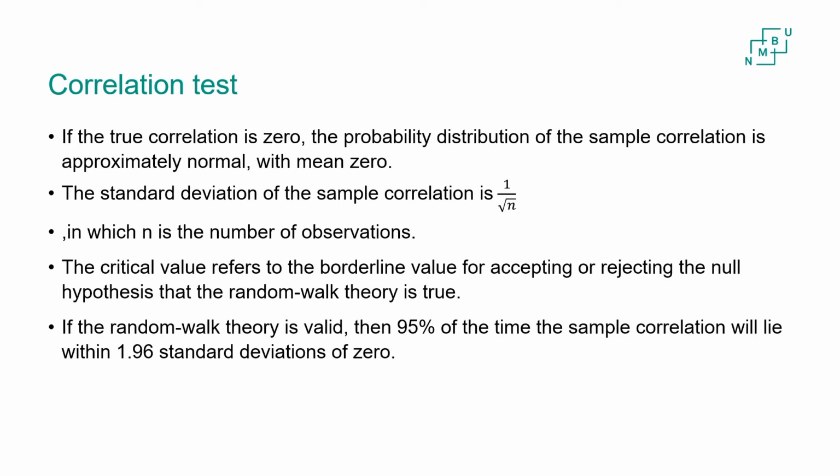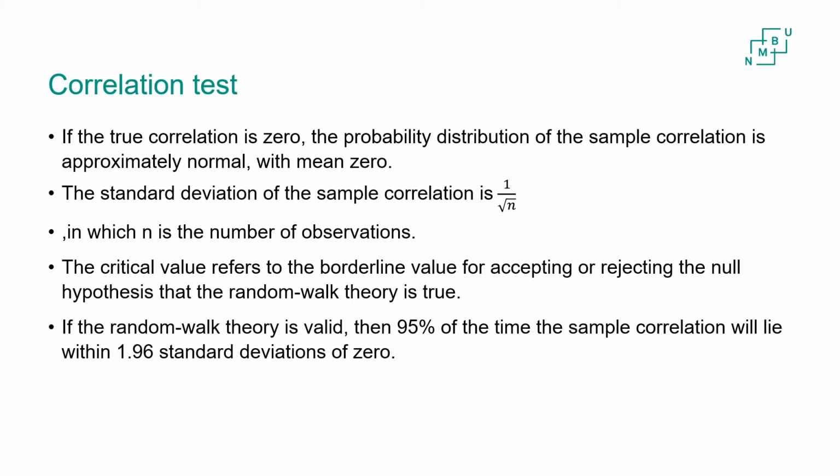If your null hypothesis is that the correlation should be zero, then you can assume that the sample correlation is distributed as a normal distribution around zero. The standard deviation of this sample correlation is easily calculated as 1 divided by the square root of the number of observations. This enables you to make a confidence interval.